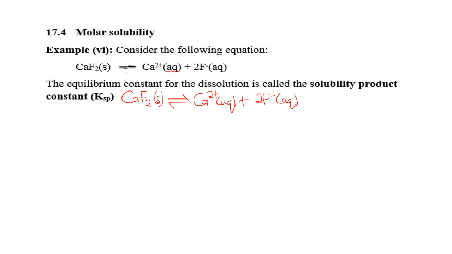Now, for this type of reaction, we have a constant that we call solubility product constant, KSP, because it is dealing with solubility. So KSP for such a reaction can be given by the products.